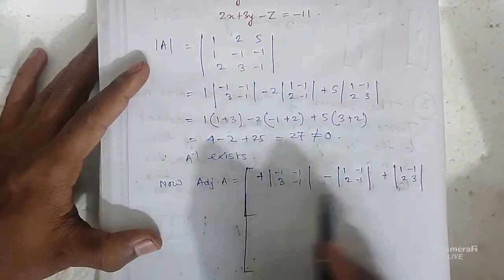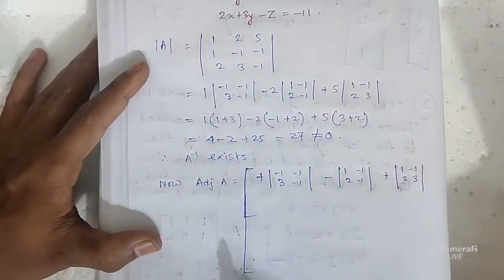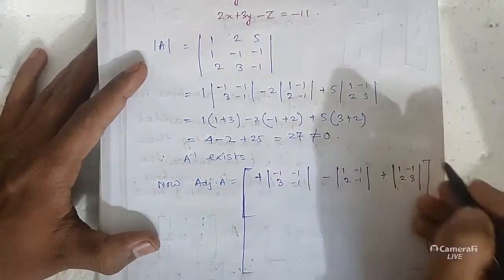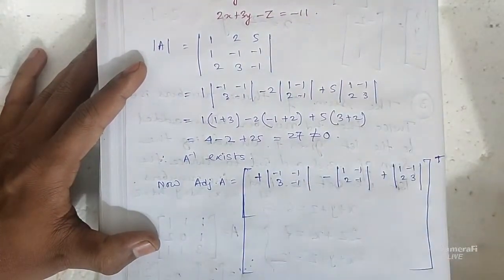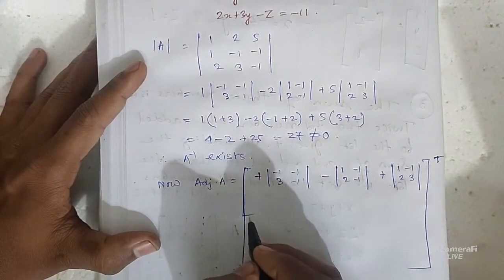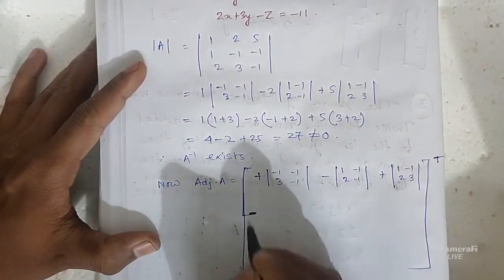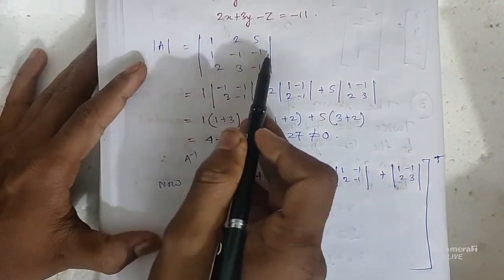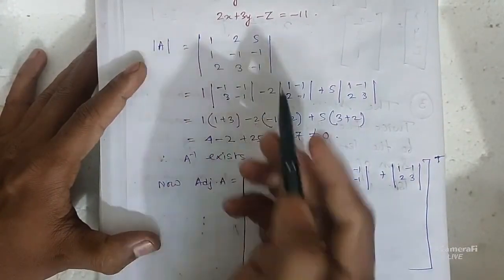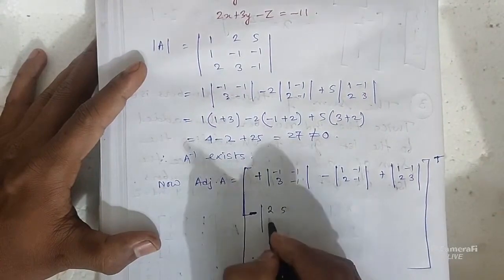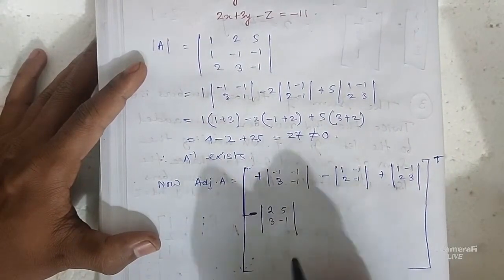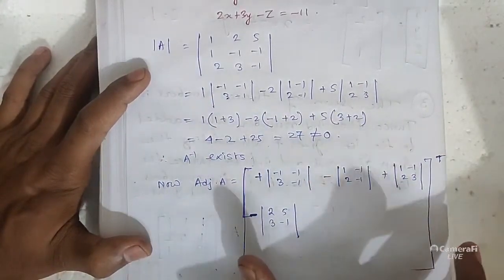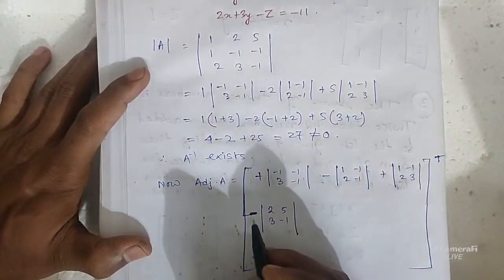All these three determinants will come for the first row. These are the cofactors. You have to take the transpose of this matrix. What will be the second row? Minus sign. For this element we are finding the minor of this row, this column, so the determinant of [2 5; 3 -1]. This thing you have to do very fast. Do not take much time for this adjoint A.